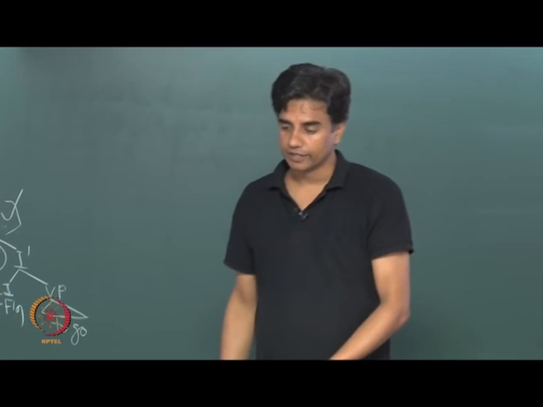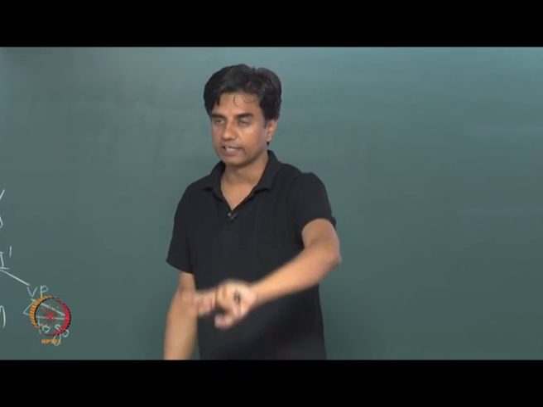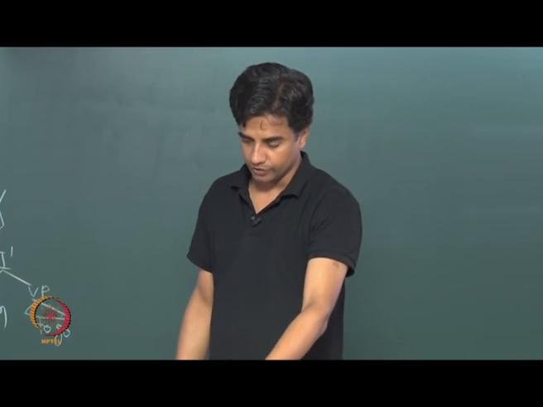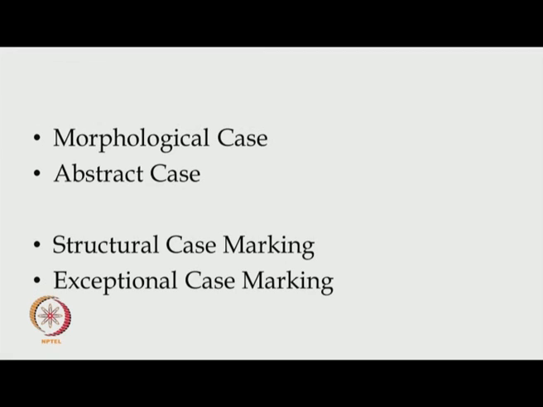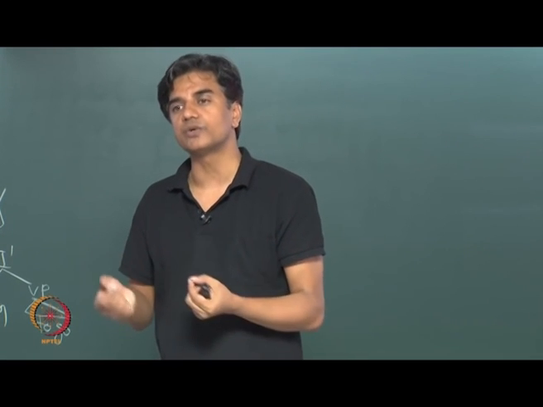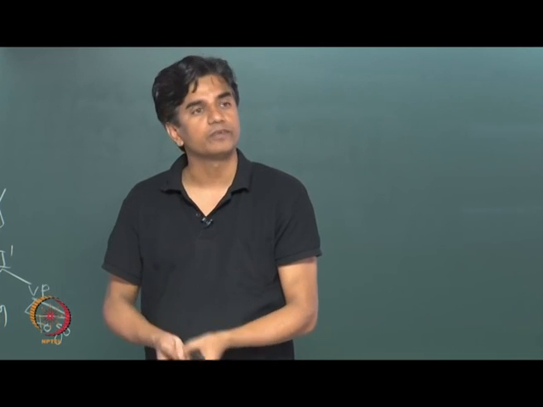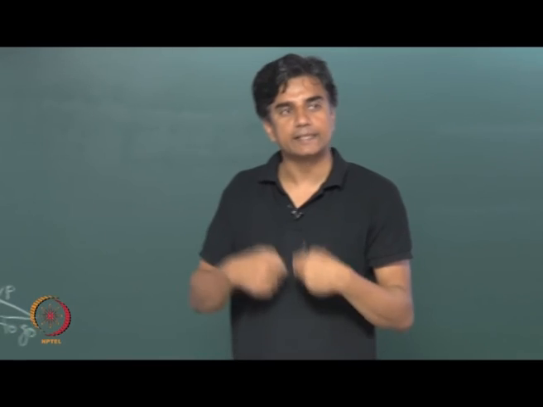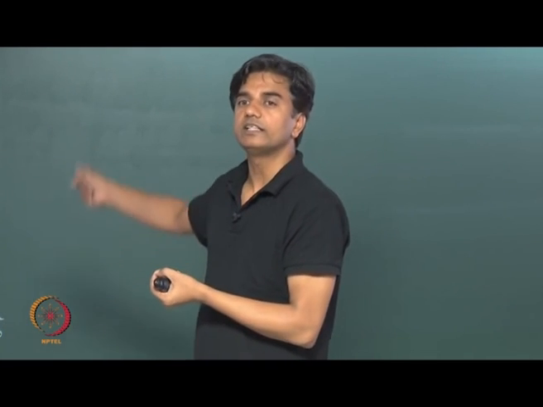So that's about morphological and abstract case, and then I wanted you to understand the difference between structural case marking and exceptional case marking. Exceptional case marking is also part of structural case marking, because we are looking at an exceptional way of marking case to a particular NP also within structural notions.